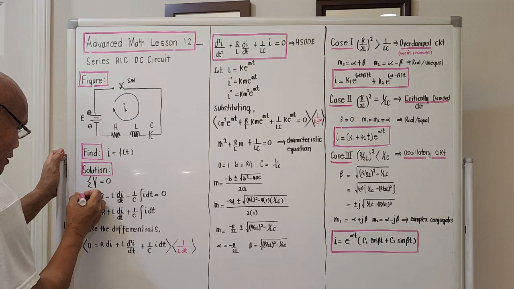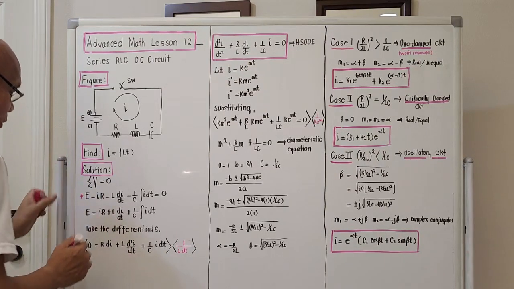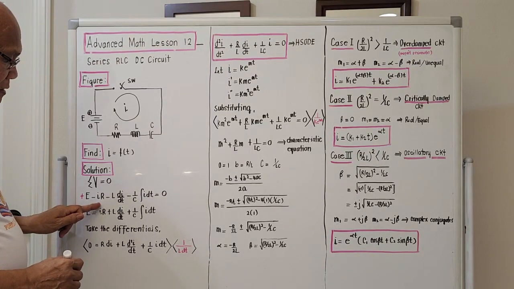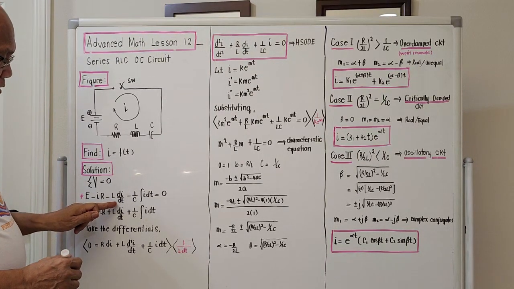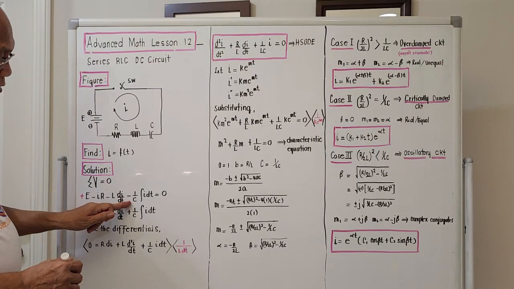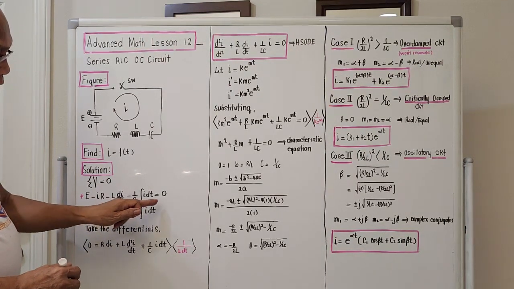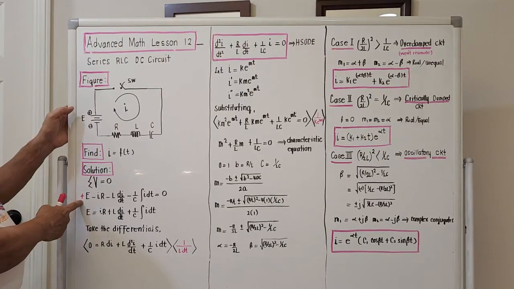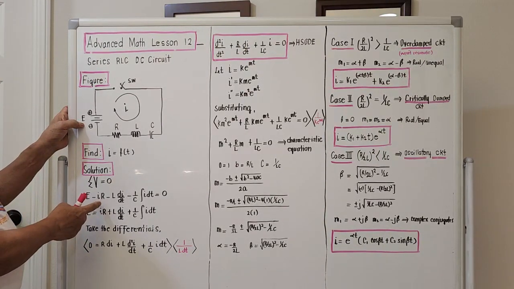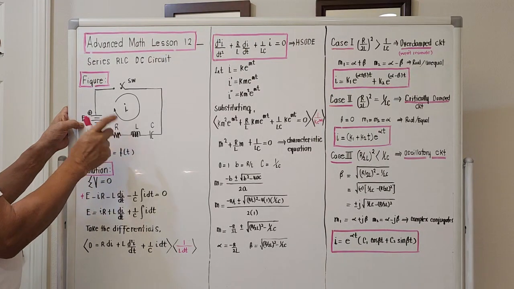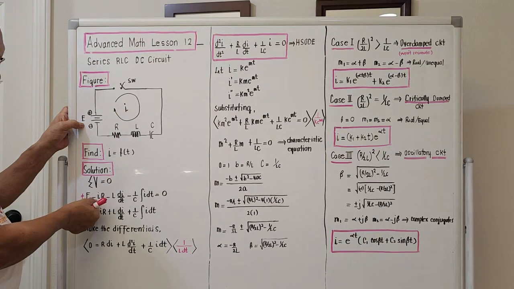We will start with the power source, plus E, minus IR, minus L di/dt, minus 1 over C, the integral of I dt, and this should be equal to 0. This is plus, it's a voltage source. The voltage drop across the resistance is a voltage drop, so this is minus.